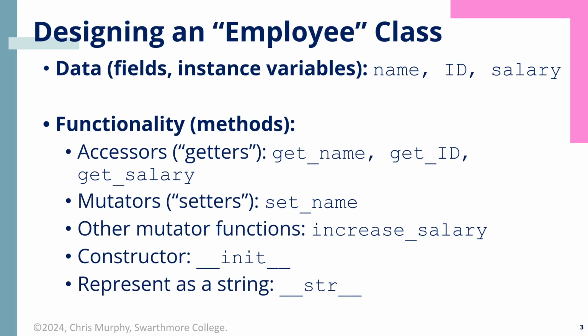When I want to print things, I can say something like name colon. Well, if I have an employee object, how do I get its name? It's not magic. I'm going to have a method called get name that's going to return the name. So this is a method that we are going to create that is going to give us the name, and that's why it gets printed.